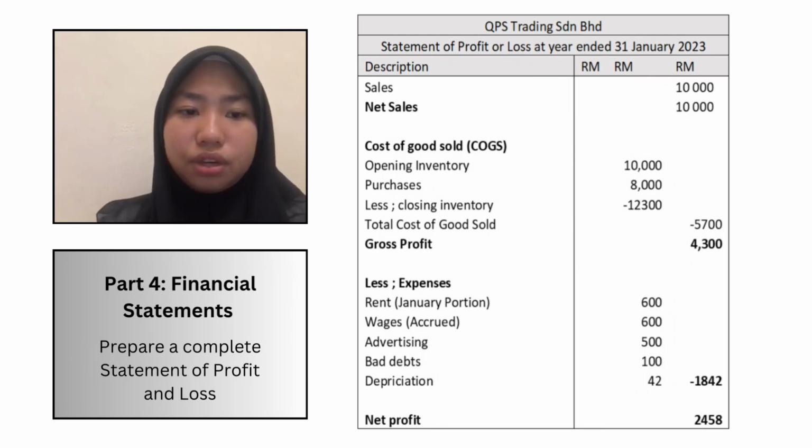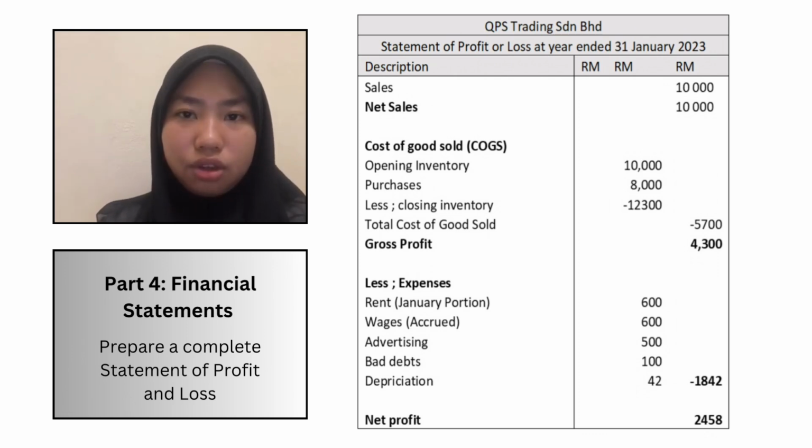After subtracting the expenses from the gross profit, the company achieved a net profit of 2,458 ringgit. This indicates that QPS Trading Sdn managed its costs efficiently while maintaining a positive bottom line.